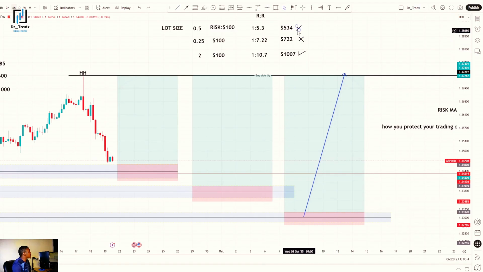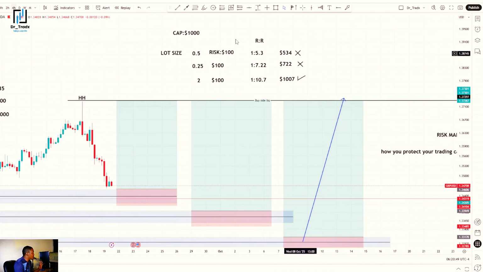Are we together? The first trade we lost, the second one we lost, the third one we got it. Now 100 plus 100 is $200. We've lost 200 so far. That means with our capital of 1,000, our balance is 800.